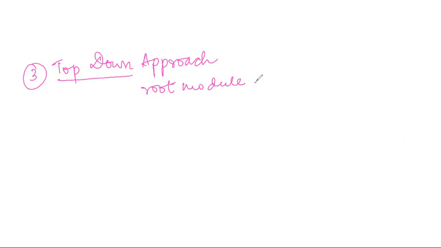The way of functioning is similar to bottom up, and the different modules are tested in the same way. But in bottom up we started from the lower level and went to the higher, and here we start from the root and go downwards. So this was the approach in top down.